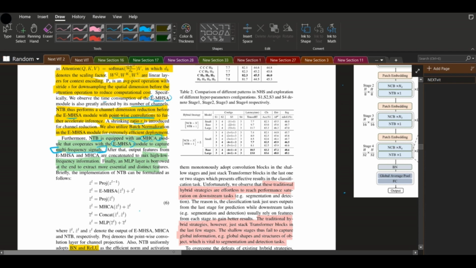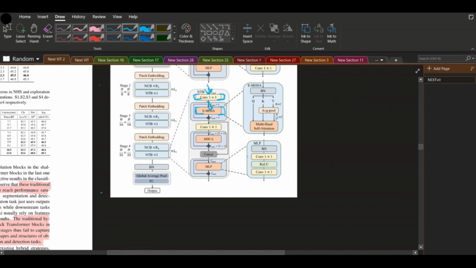So again, from a visual perspective, how are they doing it? We can think here we have a multi-head self-attention, right? And we have a multi-head convolution. You can see that we take whatever is coming from here, and we concatenate it with the output from there.